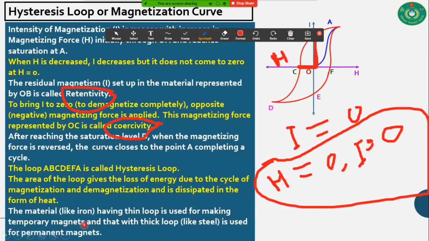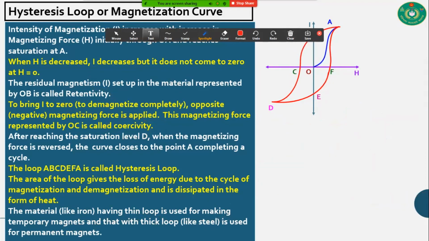Okay, let's see. The material like iron having a thin loop is used for making temporary magnets. Materials possessing higher retentivity are used to make temporary magnets.